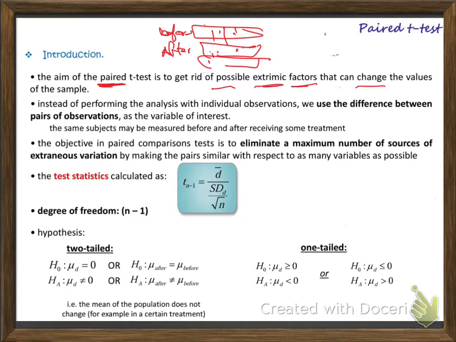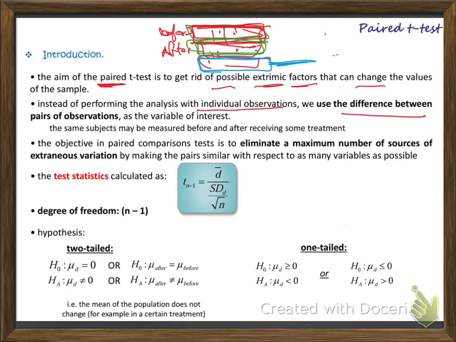Instead of performing analysis with individual observations, individual sets of data, we are using the difference between two sets of data. So I'm having before and after, okay, and then get the delta, the third one.